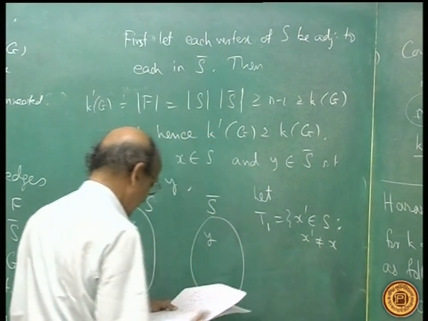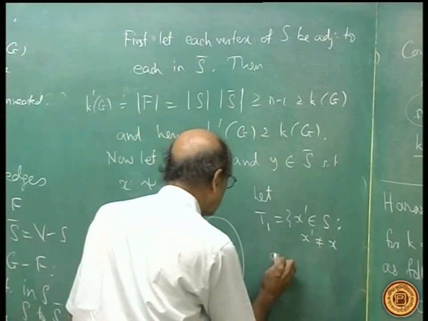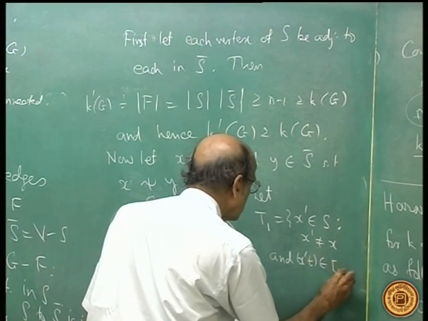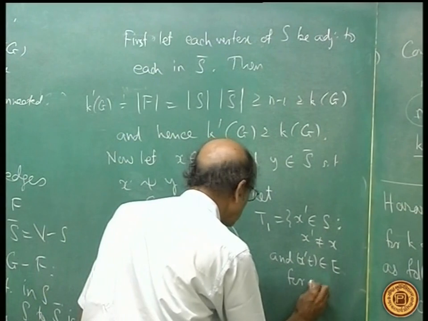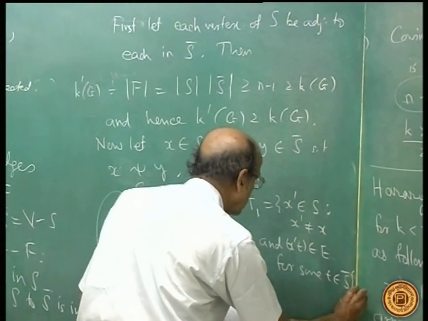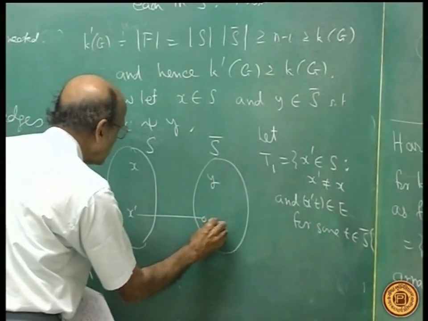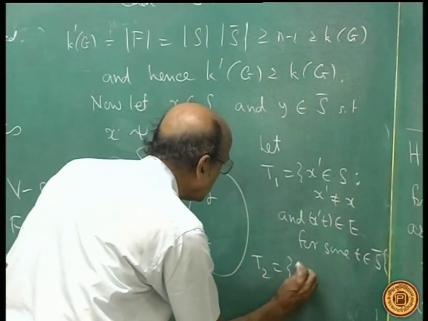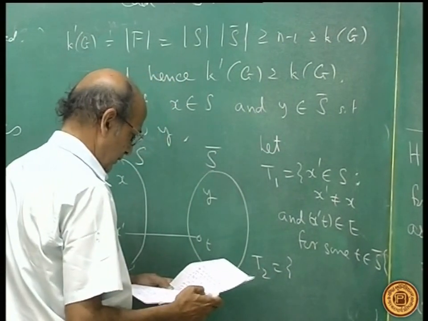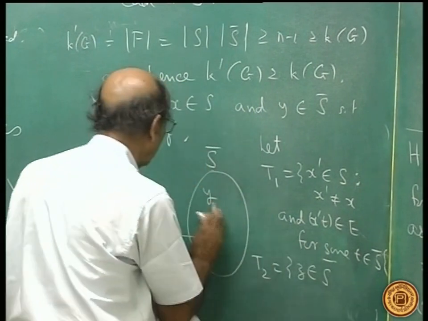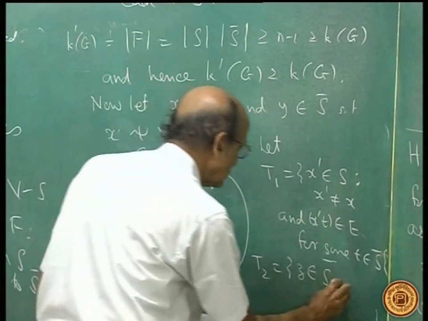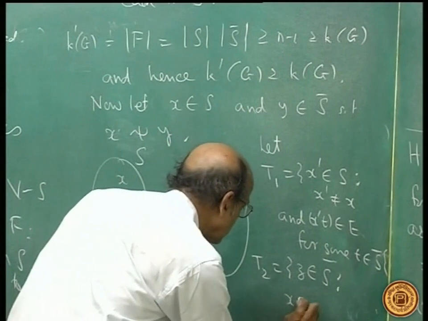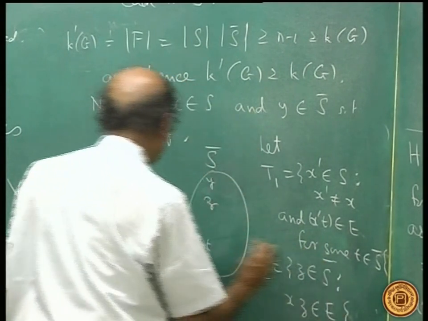x prime is not equal to x. So there is an edge going from T2, the set of all those heads that are in S bar such that, so this is just the neighborhood.